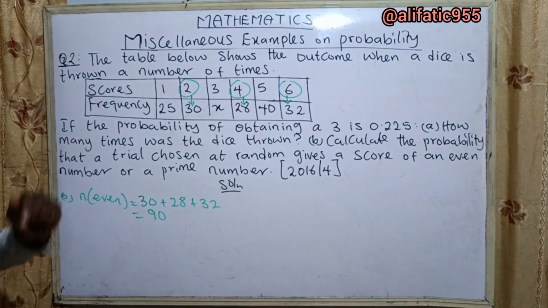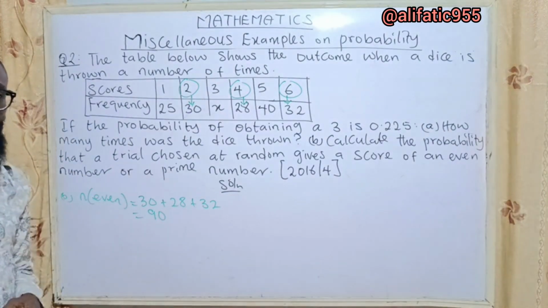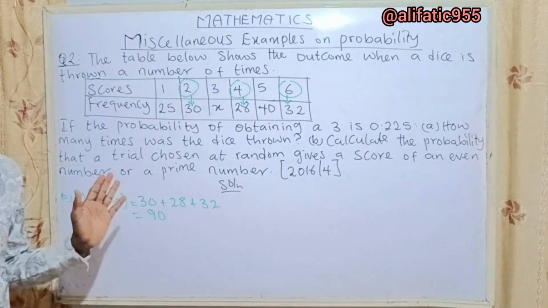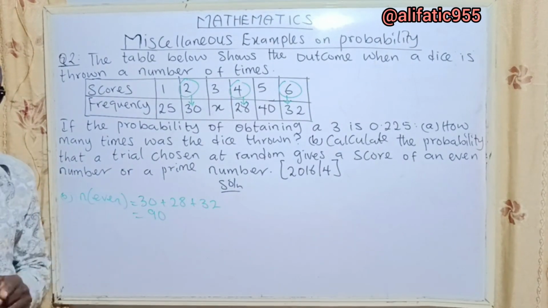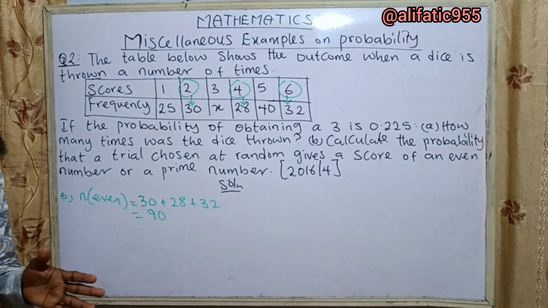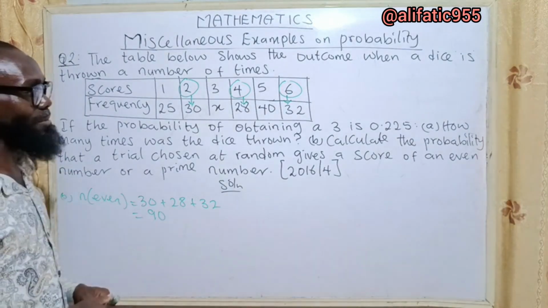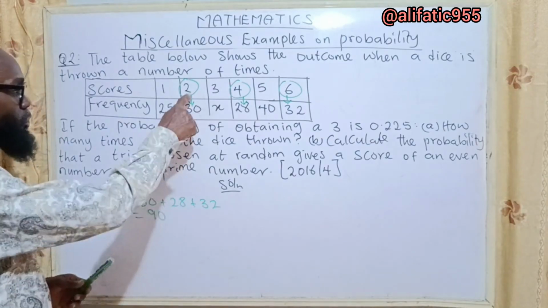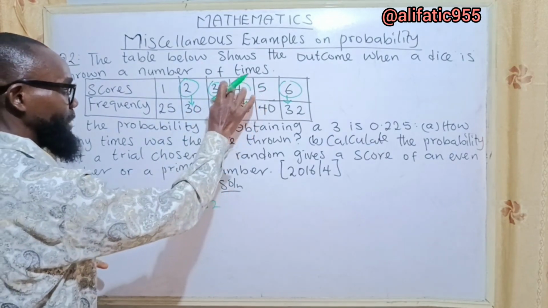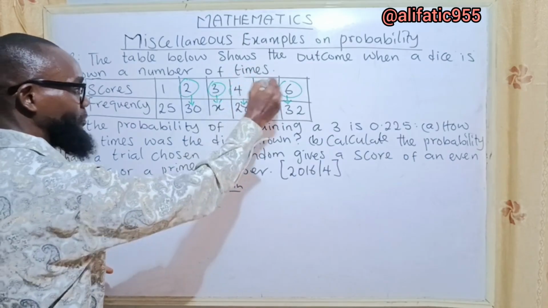Then what of prime numbers? Prime numbers are numbers that only 1 and itself can divide, and prime numbers start from 2. So what are our prime numbers here? We have 2, we have 3. Let me remove this, it's not a prime number. Then we have 5.